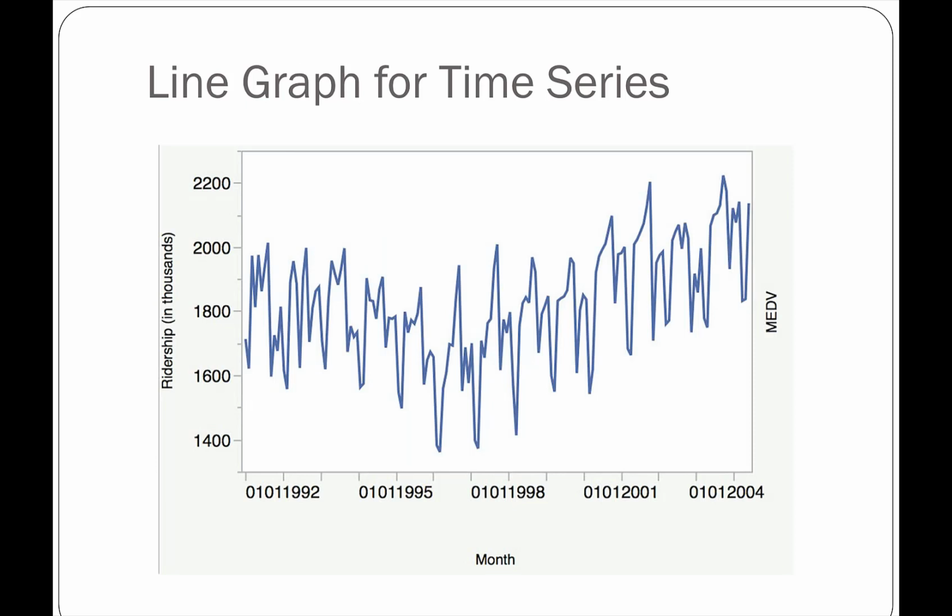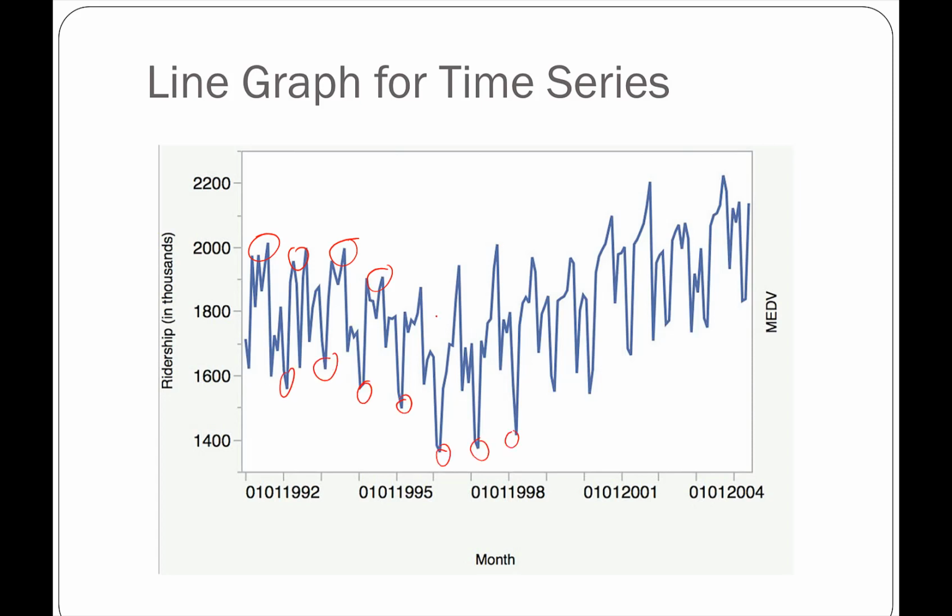Starting with the line graph, this is a time series data set. This is the Amtrak ridership in thousands. I think it's monthly. And you can see that there are peaks here, and there's a cyclic relationship here, so peak, peak, peak, peak, and we have troughs.